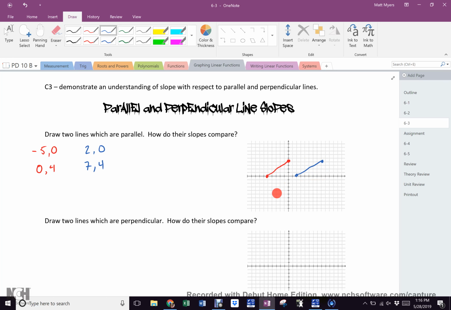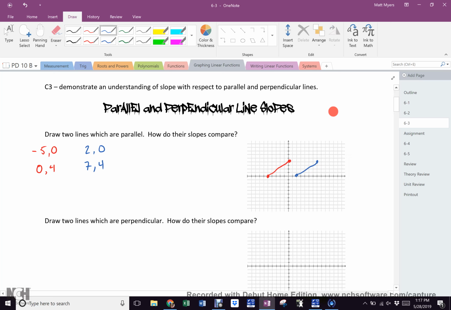All right. Now, please notice that this line here, the first line we drew, is exactly the same as the second line, yes?